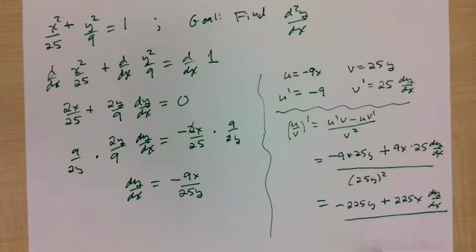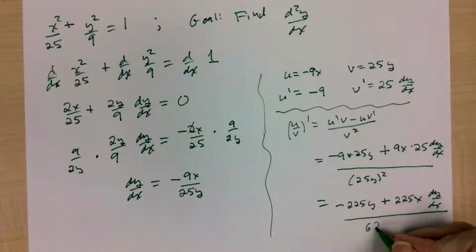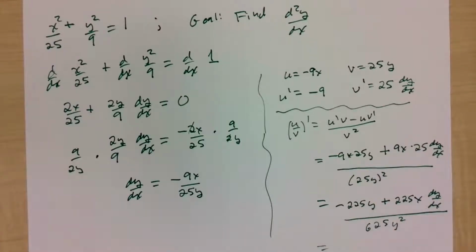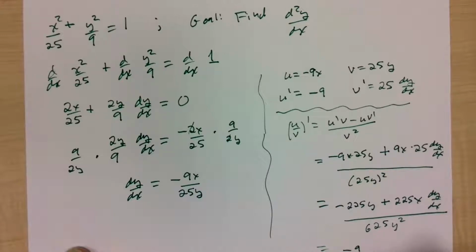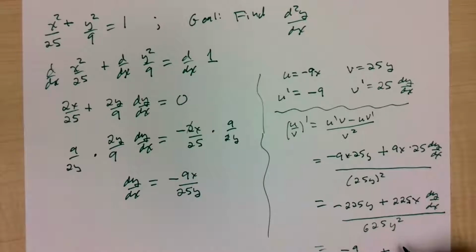But that's going to make that a lot easier to simplify. So if I divide these out, 225 over 625 is 9/25. So I get negative 9 over 25y plus 225x over 625, which is again 9 over 25.